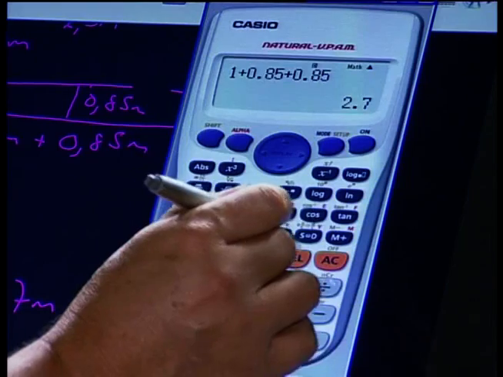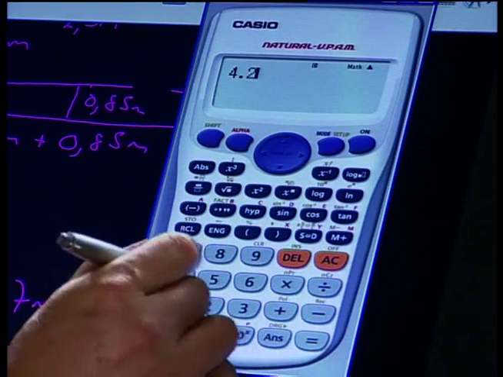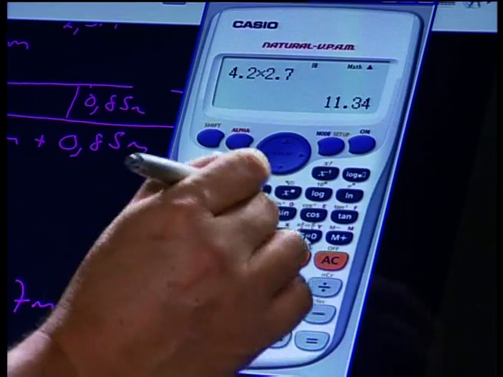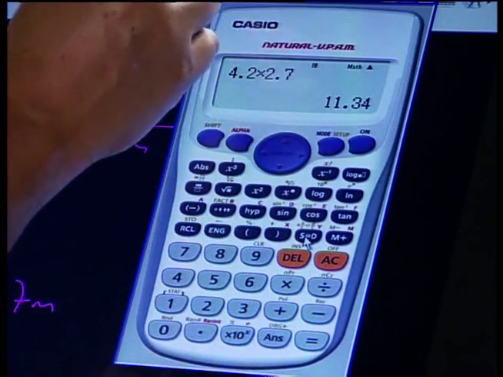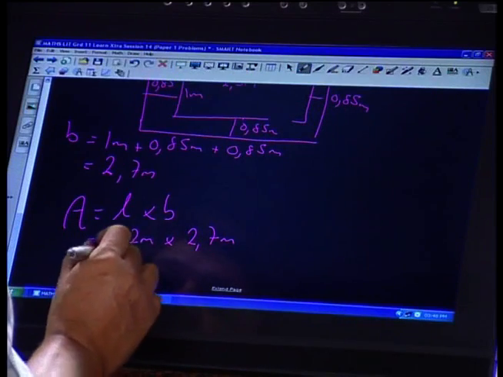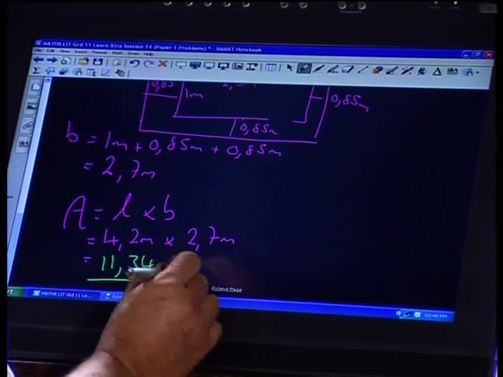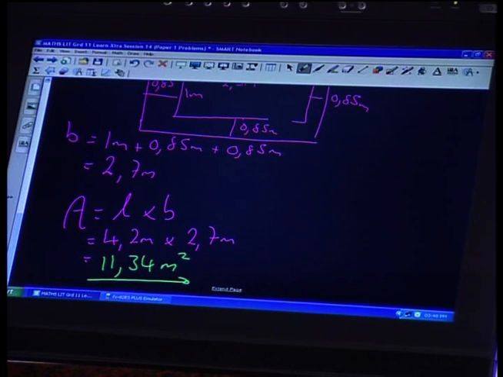Calculator: 4.2 multiplied by 2.7 equals, and we get an answer of 11,34. So 11,34 meters squared. Why squared? Because we're dealing in area.